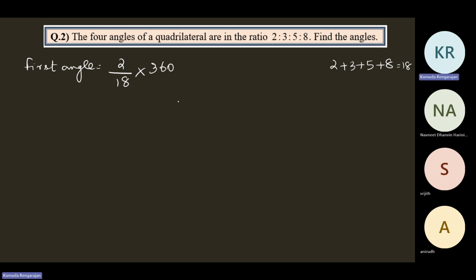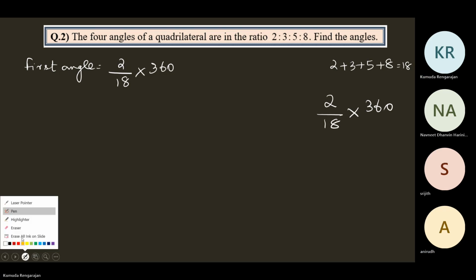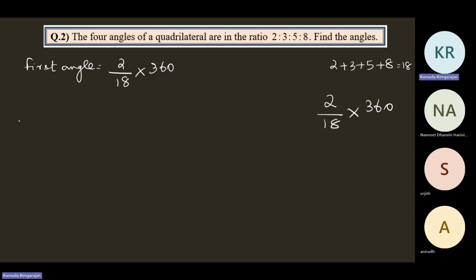Why 360? Because it's a quadrilateral. The sum of all the angles is 360 degrees. So this is the first angle. The second angle is 3 parts out of 18 parts into 360.